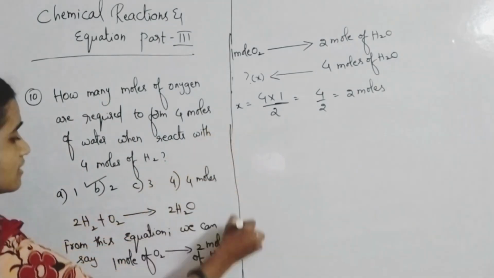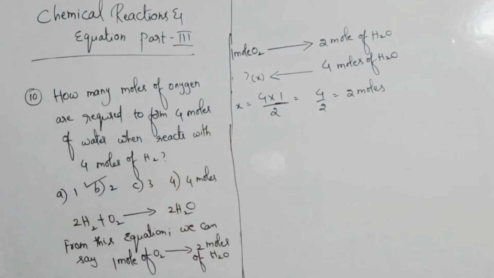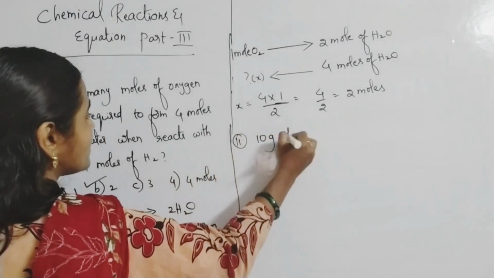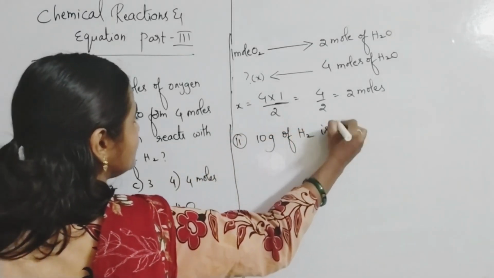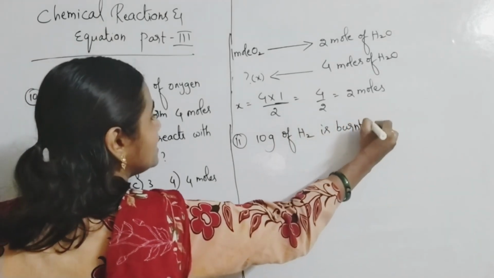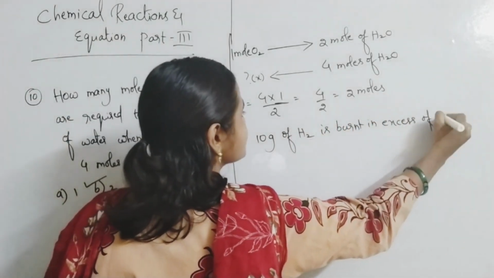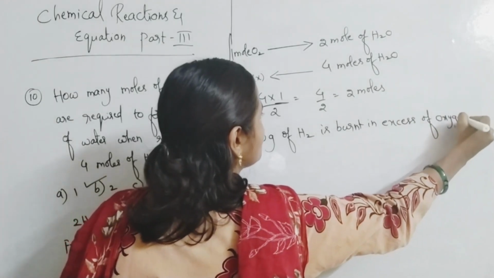Once you check: 10 grams of hydrogen is burnt in presence of excess of oxygen. Question number 11. Question is, 10 grams of H2 is burnt in excess of oxygen to get water.